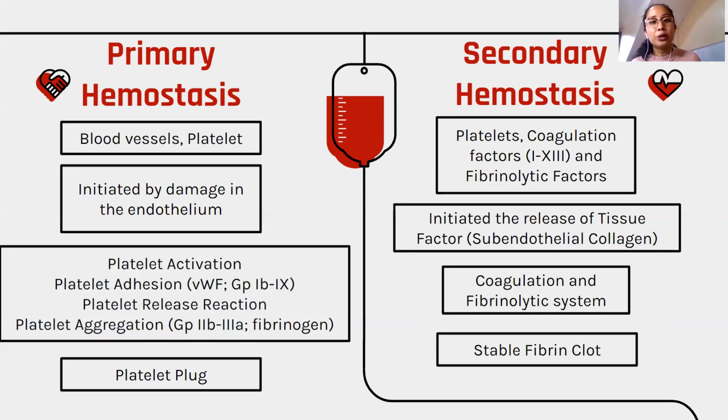Eventually, we need to lyse it or break it down. Why? Because excessive formation of clot can cause stroke, or it can cause blockage in the blood vessel. So eventually it must be lysed through fibrinolytic factors.